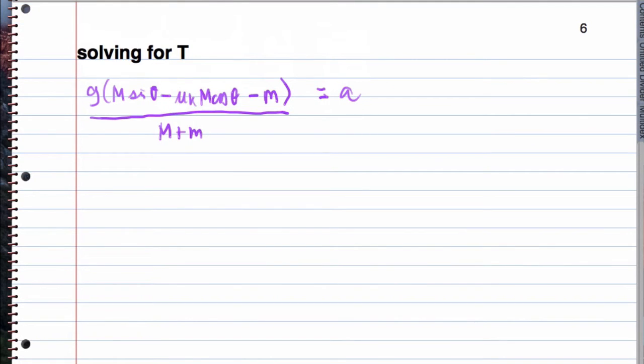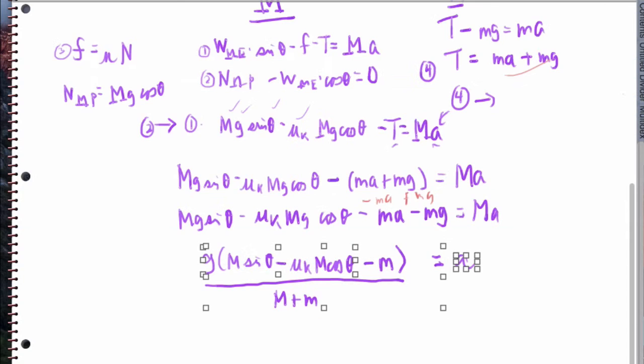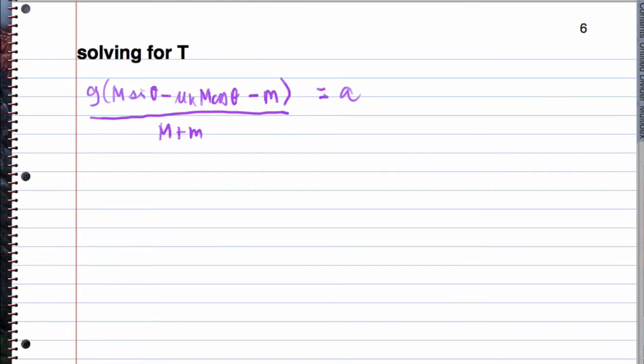And I just want to make one more note. Again, we also have a formula for the tension, which is tension equals little ma plus mg. Now what we can do is a bit of a substitution. So I'm going to say tension equals, and I'm going to multiply some things out, Mg sine theta minus, so this is m times a.